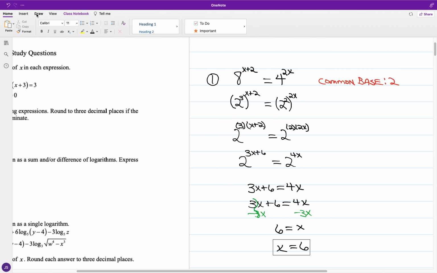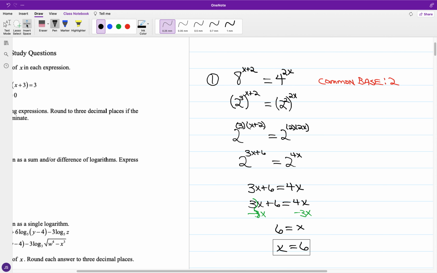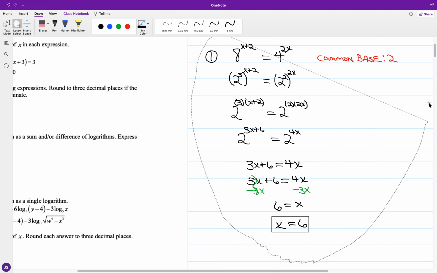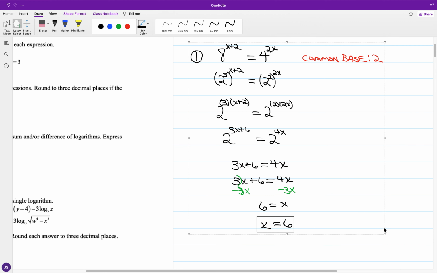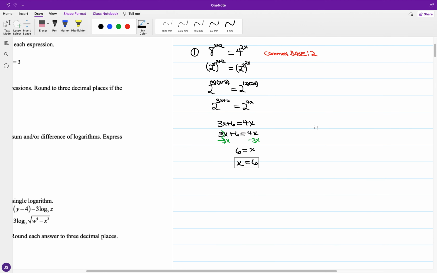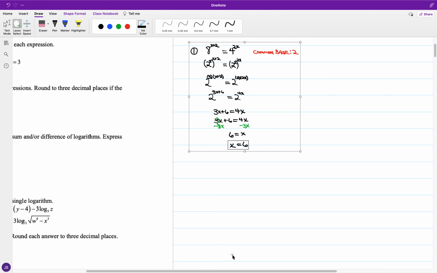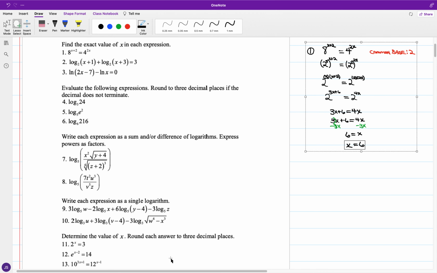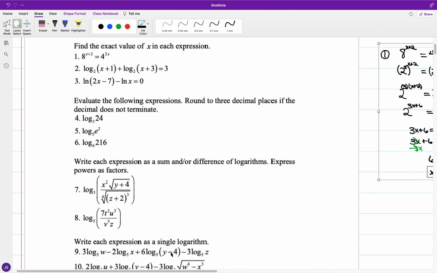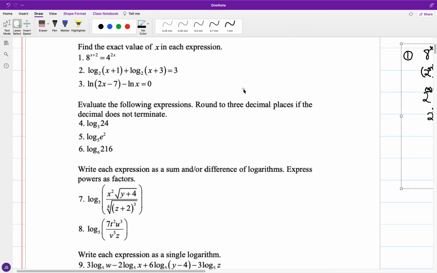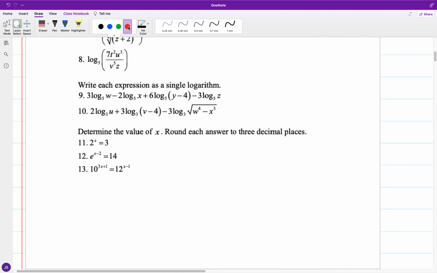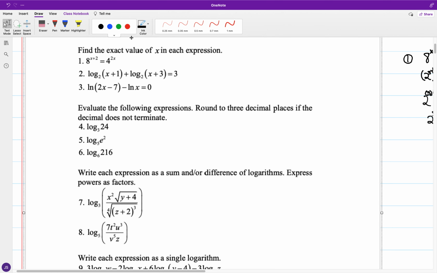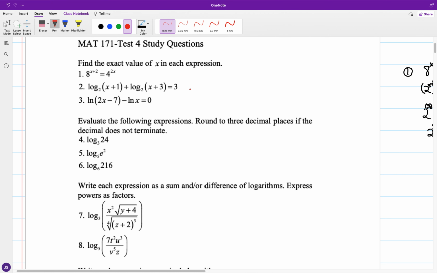Now for the next item, and also the third item, we have logarithmic equations. In number 2, you have the base 2 logarithm of the quantity x plus 1, plus the base 2 logarithm of the quantity x plus 3.